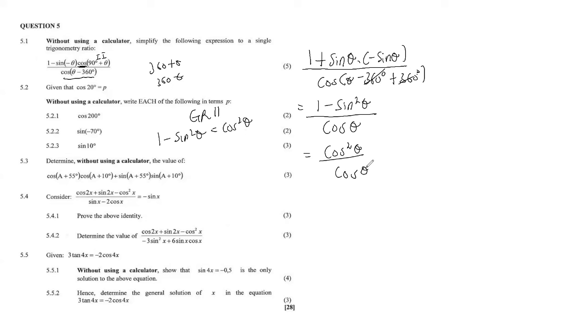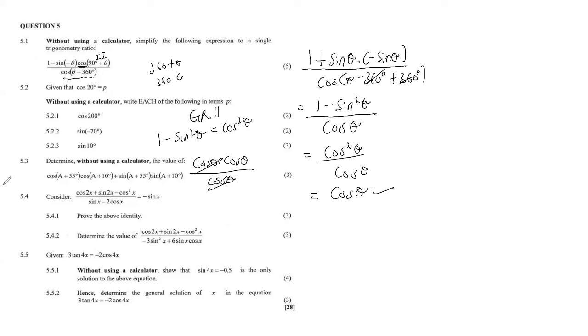So it's only a small percentage of the grade 12 trigonometry. Then at this point, cos squared theta over cos theta will just cancel out with one of the cos theta there. Then we are left with cos theta. So we have solved this to a single trigonometric ratio, which is cos theta. So that was a fairly easy one to do.